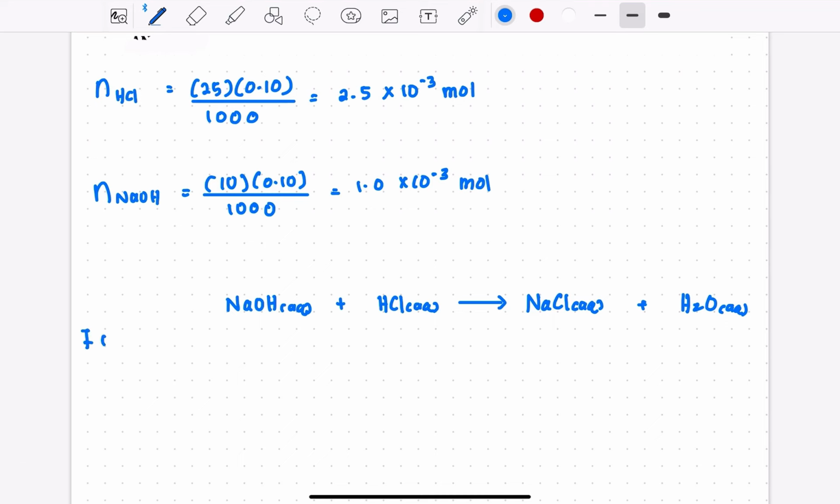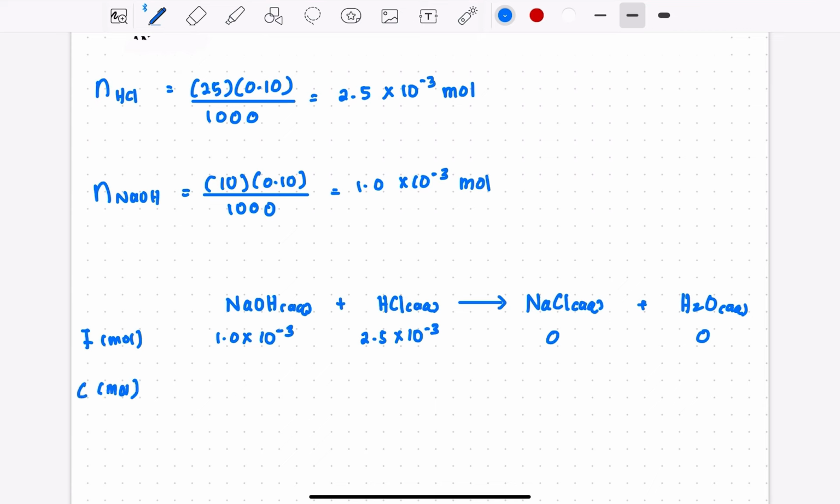So our initial here will be our initial for mole. Now initially, we have this 1 exponent negative 3, so we're going to put it here. Our hydrochloric acid, we have 2.5. Now, before the reaction, we don't have the salt yet, we don't have the water yet. Now, what is the changes?